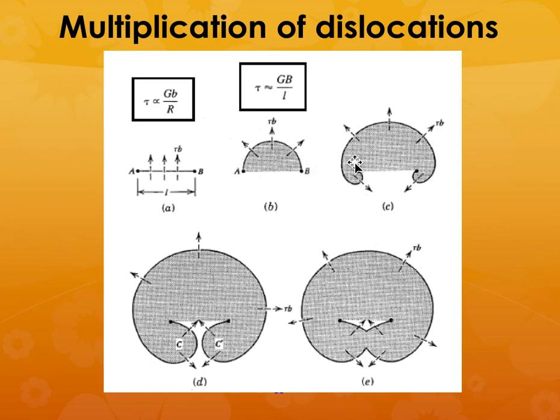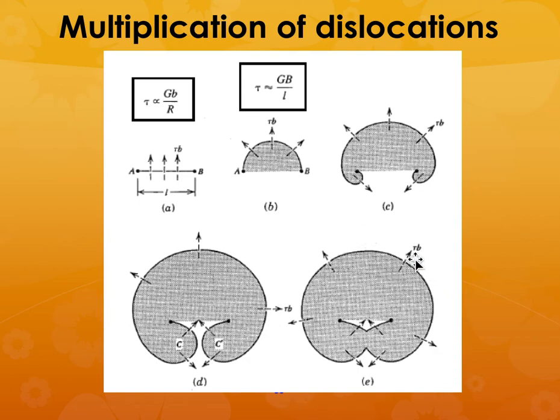And as you apply more and more force, they will start coming together at this end, and they will start becoming a circle around this. As soon as these come close to each other, these two dislocations are of opposite Burgers vector signs. So they will cancel out each other and become one line.